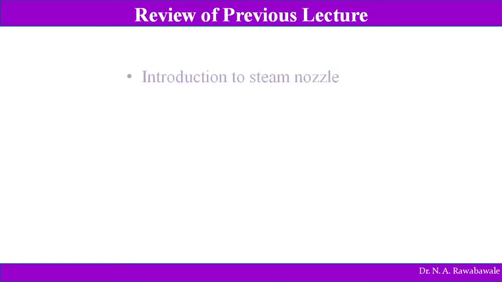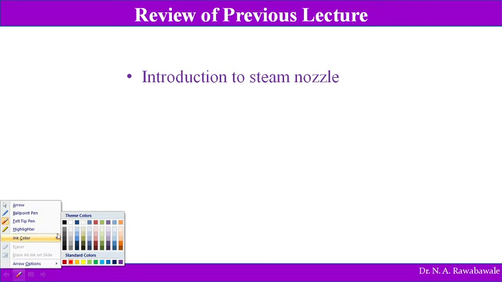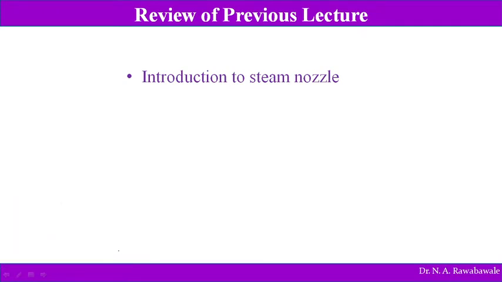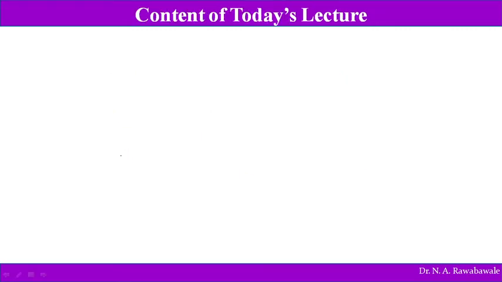In the previous lecture, we saw the introduction to steam nozzle, and then we discussed the flow of steam through a nozzle. We obtained the condition for maximum discharge in the previous lecture.